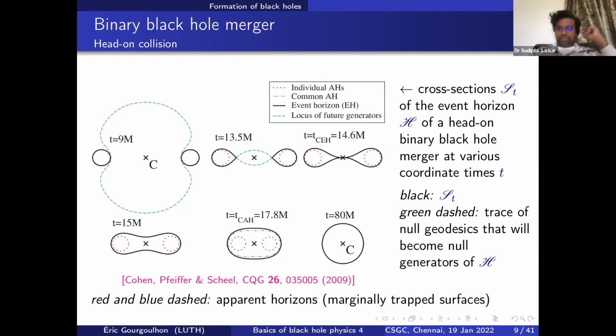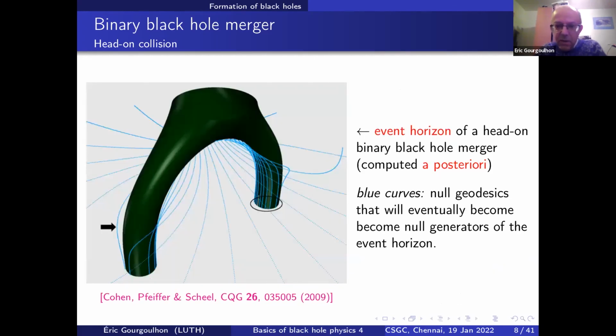So there is one question in the chat box by Daniel Rajan: is the diagram given in slide 8 generated using SageMath, the software? No, this one is generated using numerical relativity data. SageMath, for the time being, can deal only with analytic things. It's a computer algebra system.